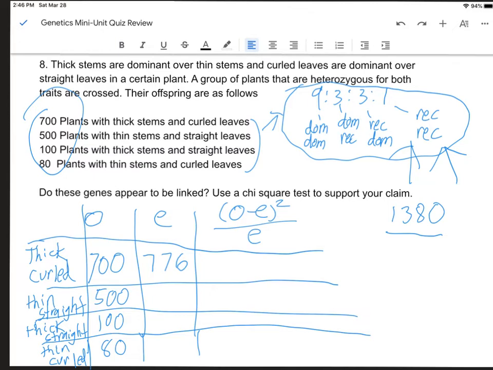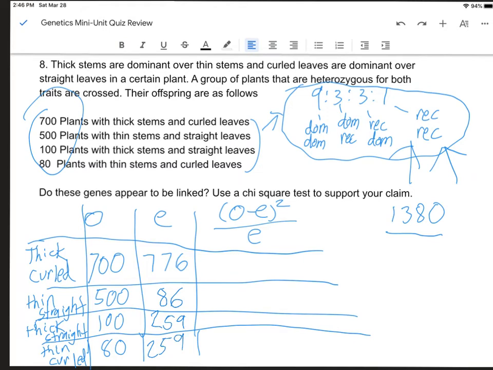Thin stems and straight leaves, those are the recessive traits. So I need to take 1 divided by 16 times 1,380, and I expected 86 plants of that type. And then the last 2 are the 2 that have 1 dominant, 1 recessive trait. So I'll take 3 divided by 16 and then times 1,380, and I'm just going to round it to 259 for each of those.